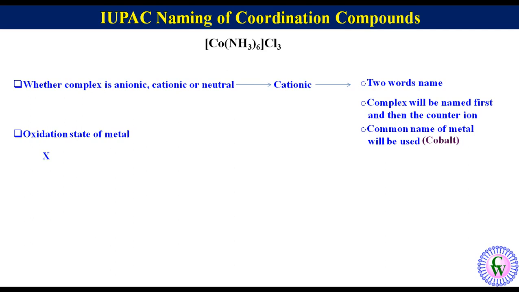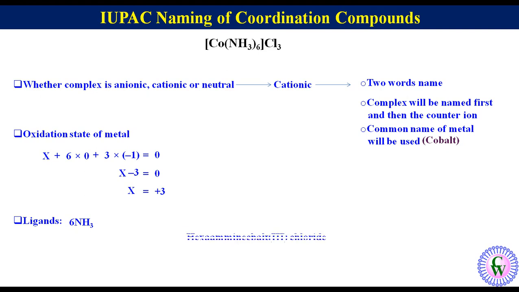So we can write x + 6 × 0 + 3 × (-1) = 0, or x - 3 = 0, or x = +3. Ligands. There are 6 NH3 ligands. So the IUPAC name of this complex will be hexaamminecobalt(III) chloride.